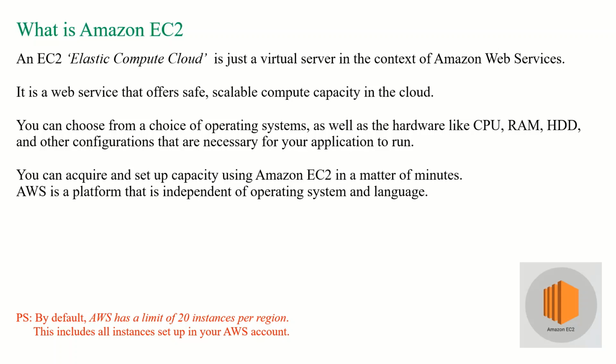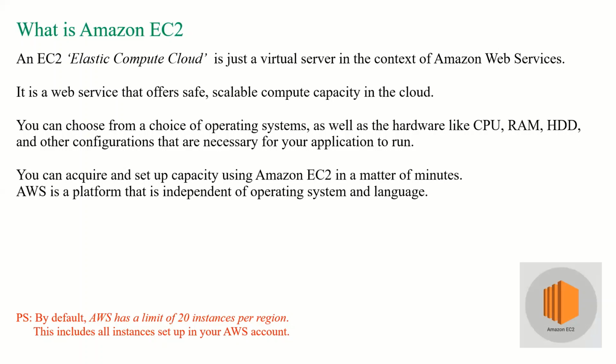And the RAM, how much memory you need. Once again, this RAM will be virtual memory. Hard disk storage, how much storage you want in your virtual machine, and other configurations necessary for your applications to run effectively inside your virtual machine. You can acquire and set up capacity using Amazon EC2 in a matter of minutes.